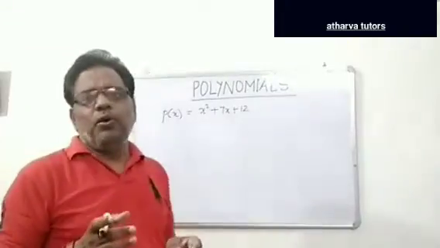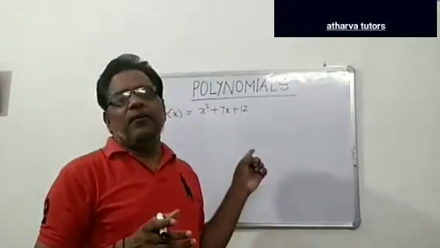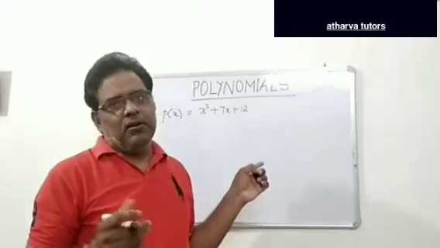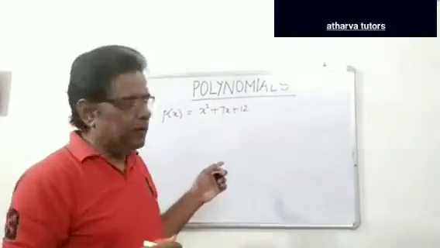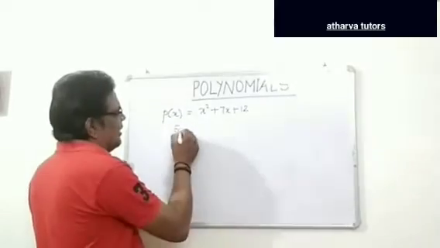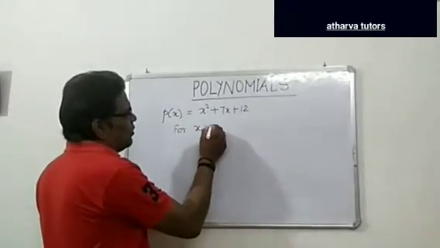You had been told to find the value of this polynomial at various given values of the variable. Like suppose we find this value for x equals 2.